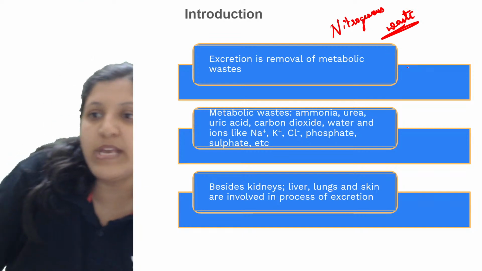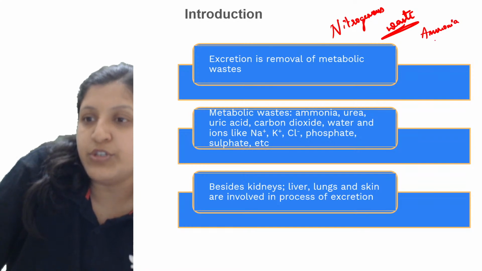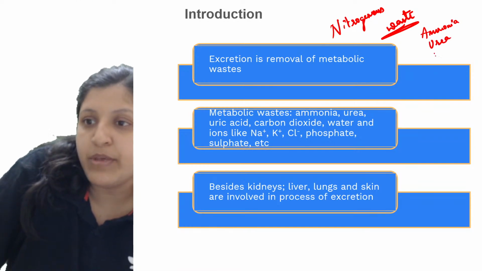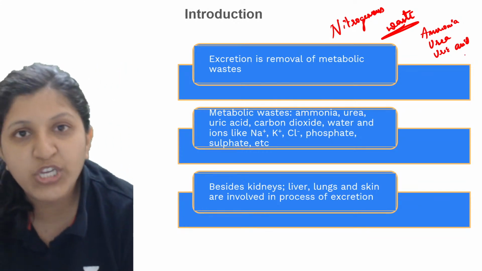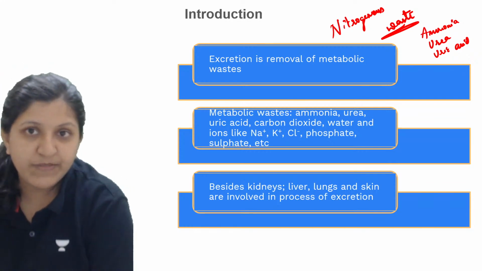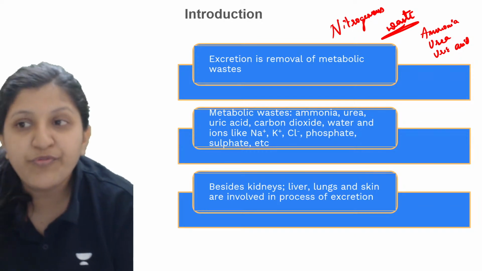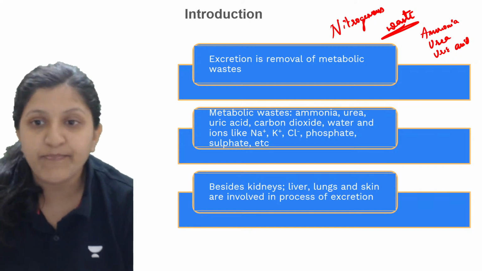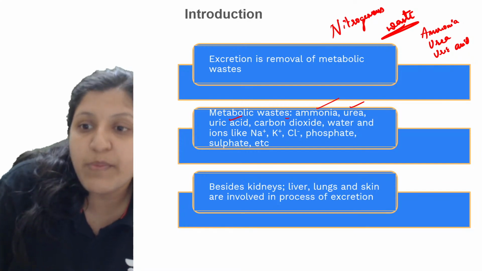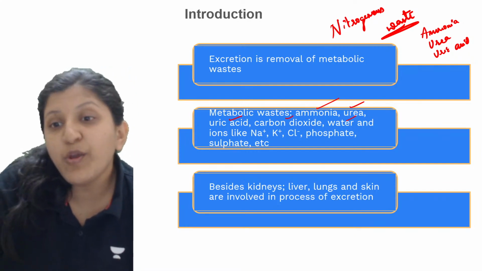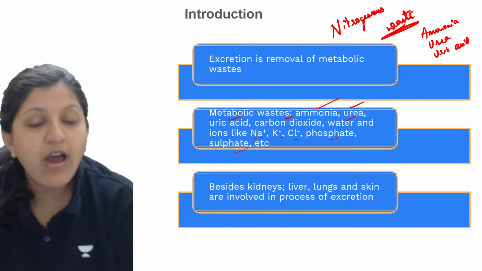The nitrogenous waste here can be the ammonia, it can be the urea, it can be the uric acid, right? So all these have to be removed, along with any extra amount of salt that is there, and excess amount of water. So through that itself the removal is done. So metabolic waste, when we mention ammonia, urea, uric acid, carbon dioxide, water and ions like sodium, potassium, chloride, phosphate, sulfate, etc. are removed here.